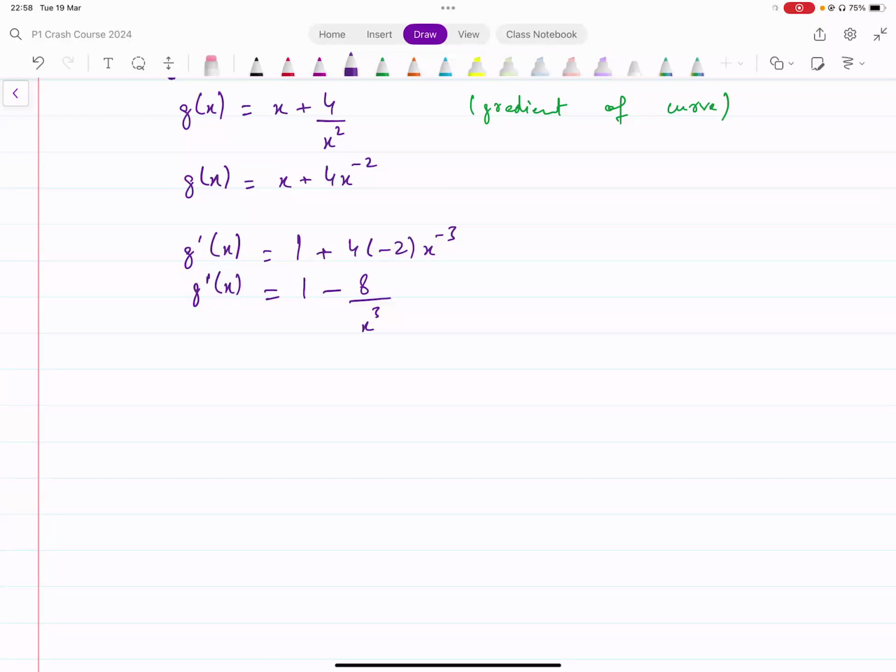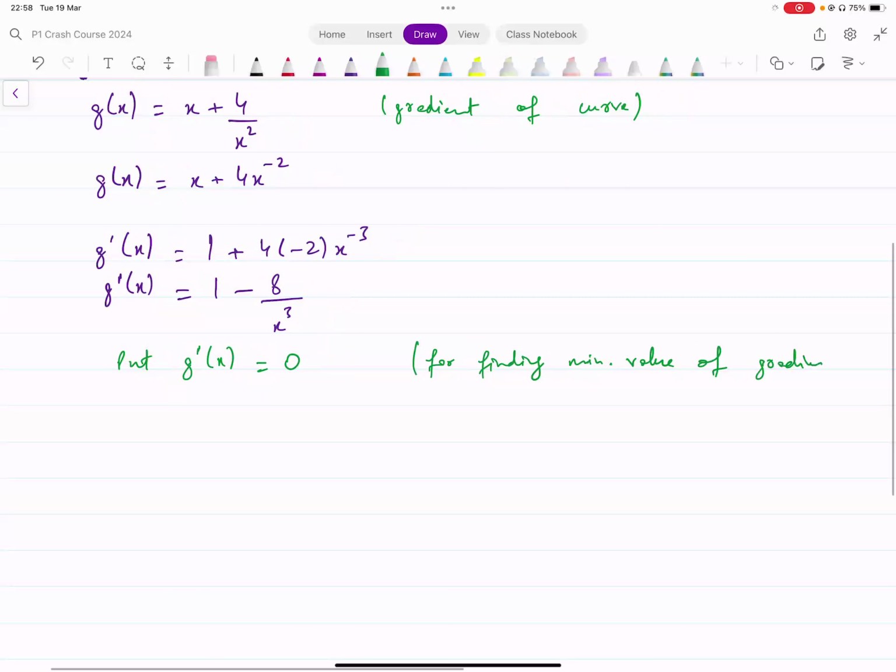Now, since we're looking for the minimum value of this gradient, we put this first derivative of the gradient equal to 0. Why do we do that? Because we're looking for the minimum value of the gradient.